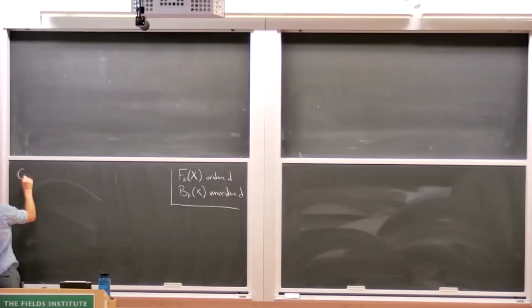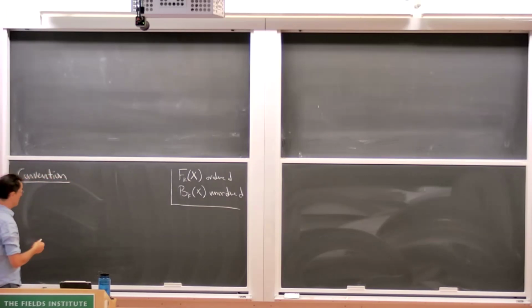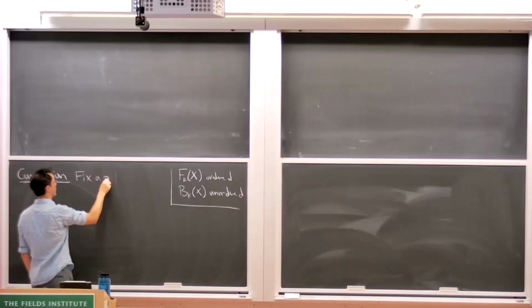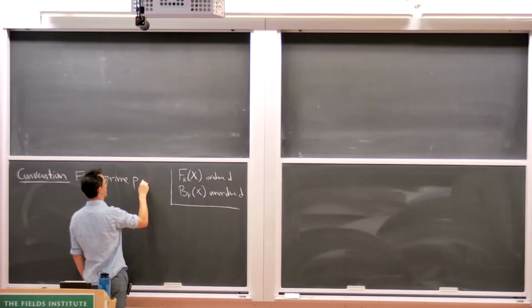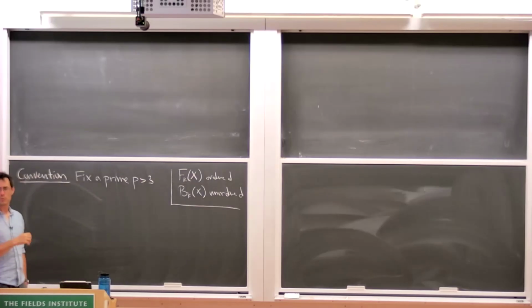So a convention that will be valid until it's not is we're going to fix a prime P, which is greater than 3, just in order to make uniform statements. As we saw yesterday, things are different at the prime 3, and we didn't see this explicitly, but things are also different at the prime 2, as is often the case.